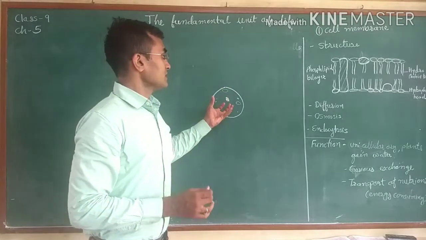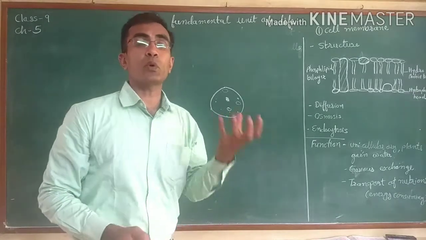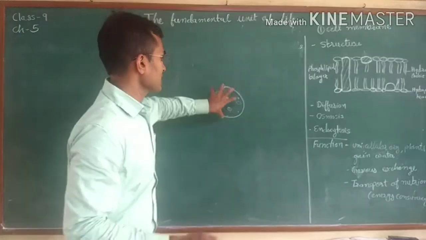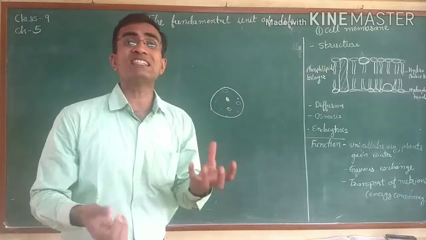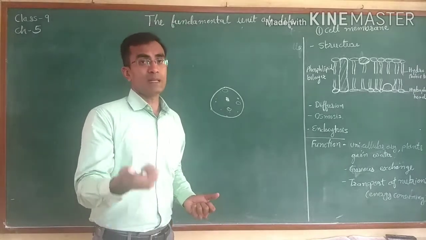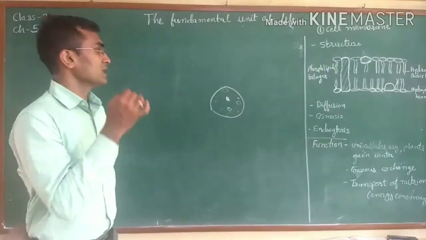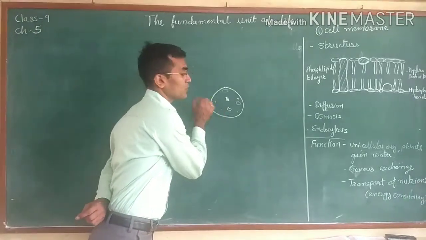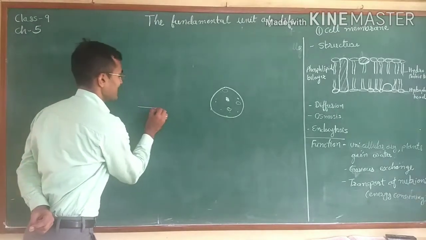Okay. This cell membrane is made up of protein and lipids. These are the substances from which the cell membrane is made. And as we can see over here, the cell membrane is made of a bilayer.